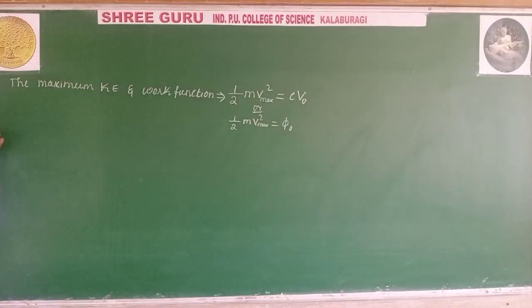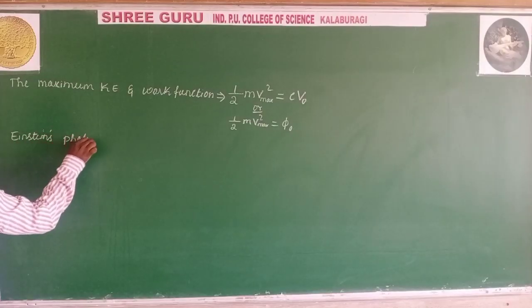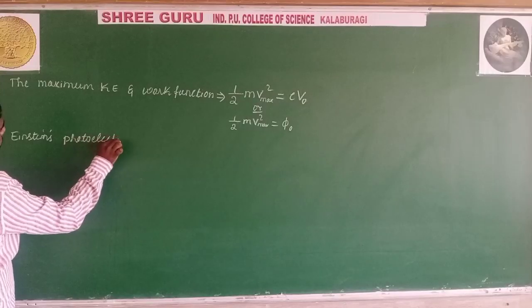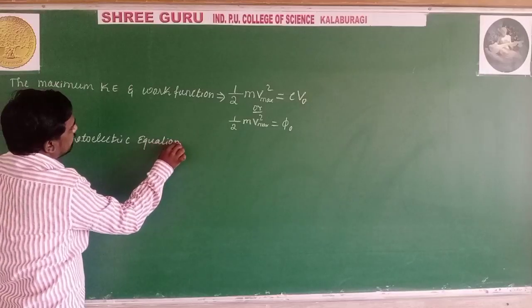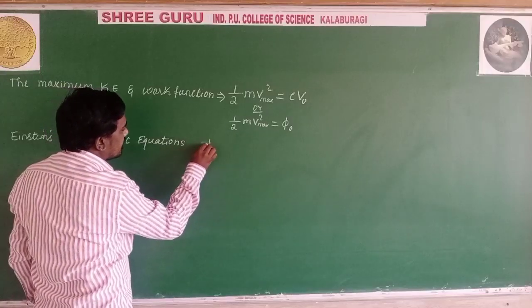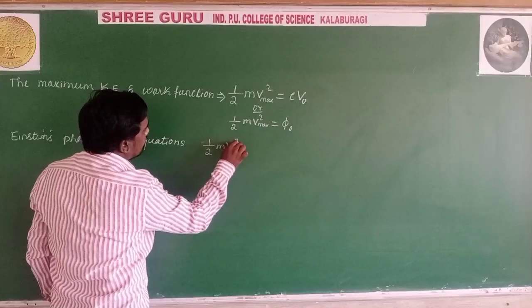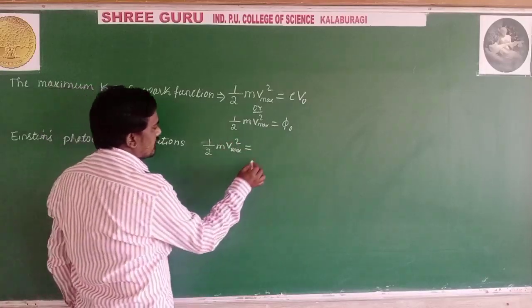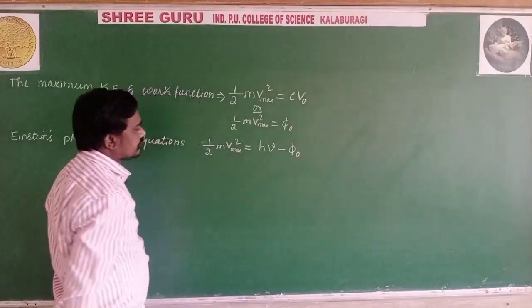Now come to the second one, Einstein's photoelectric equation. That is, we can say directly, half m v maximum whole square is equal to h nu minus phi naught.